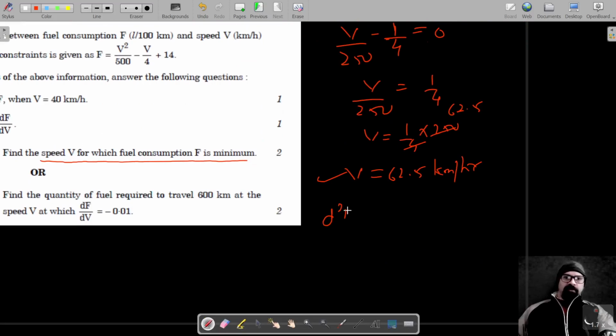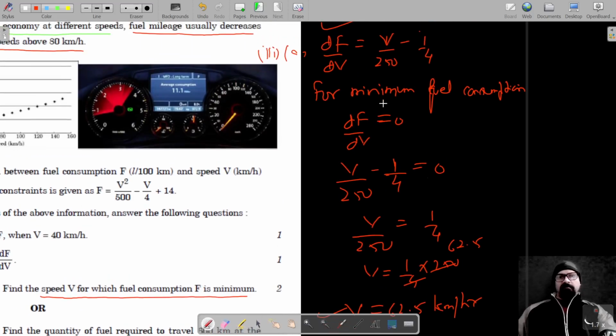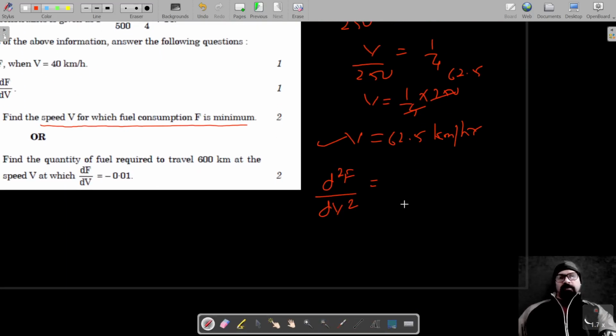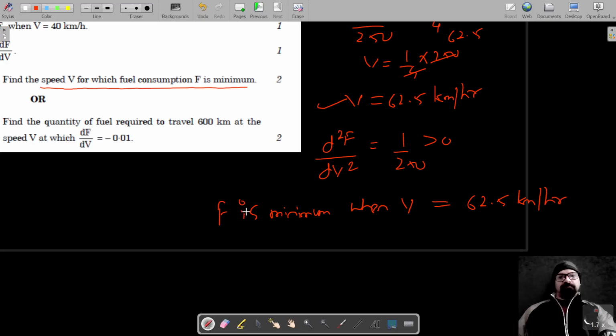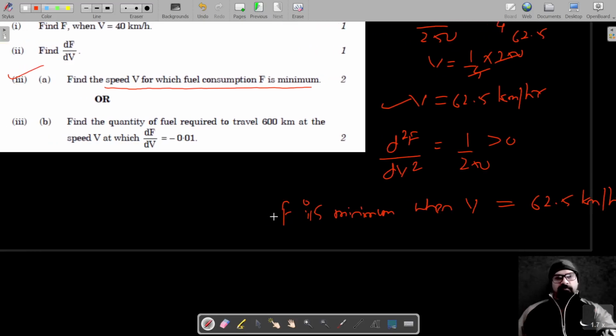So let's find the second order derivative, which would be 1 by 250, which is greater than 0. So that means f is minimum when speed is 62.5 kilometer per hour.